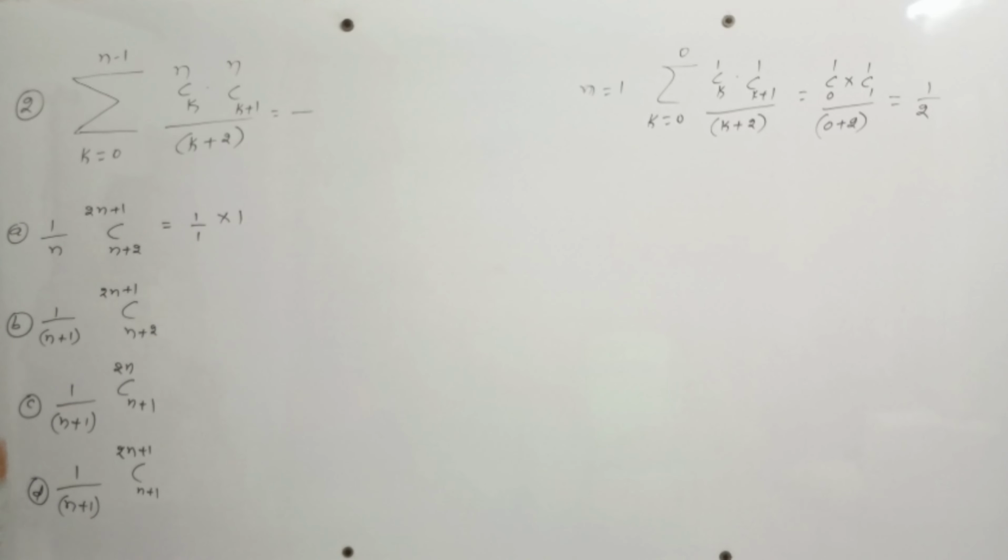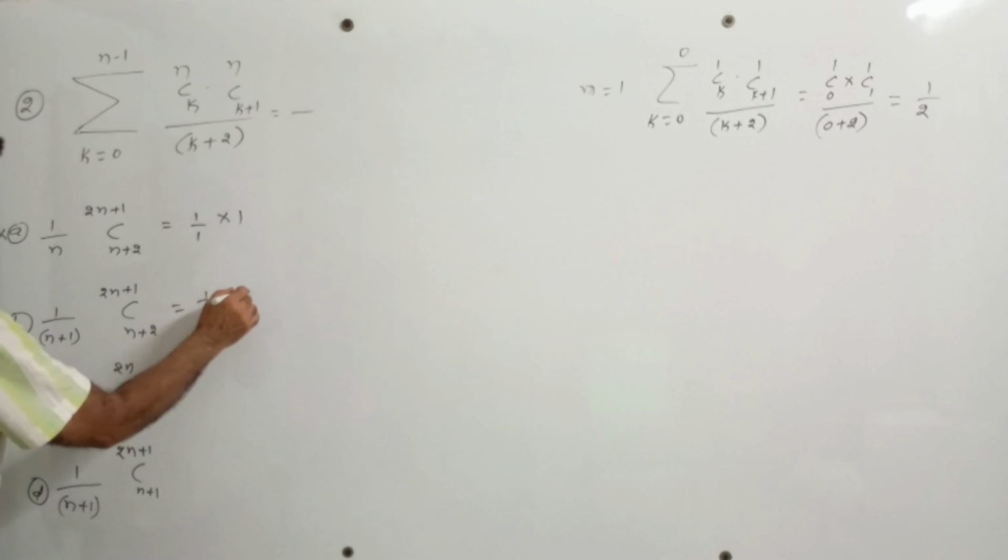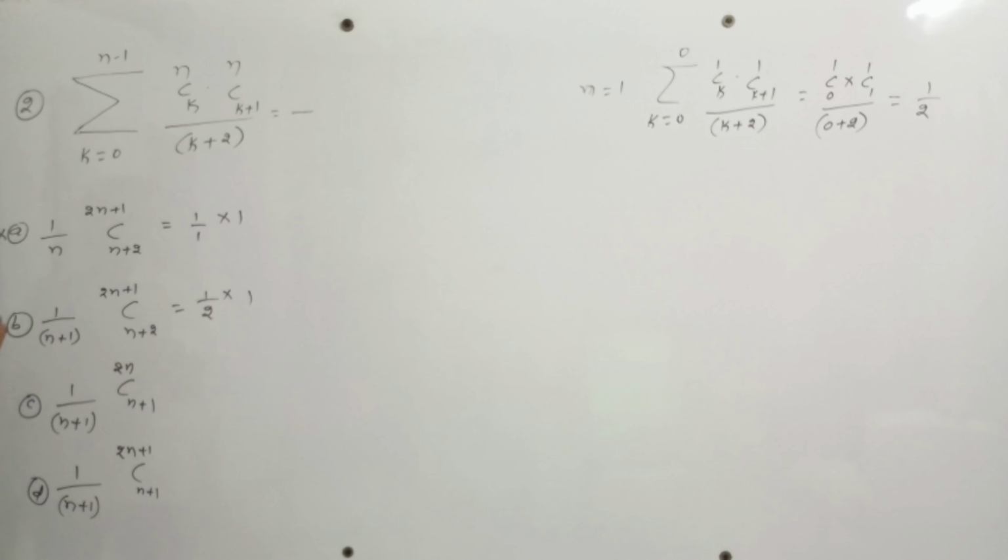So this option is not the correct option. For n is equal to 1, 1 by 1 plus 1, that becomes 1 by 2. For n is equal to 1, this is 3, this is also 3. 3C3 means 1. Therefore, I can say this may be the correct option.